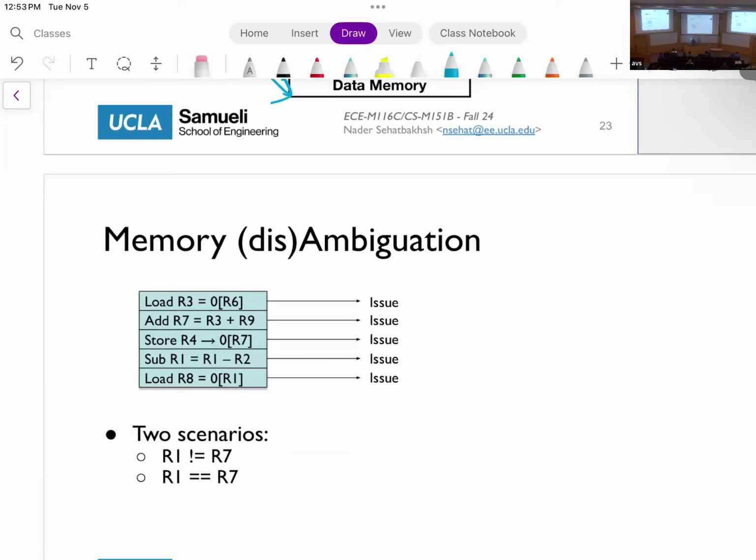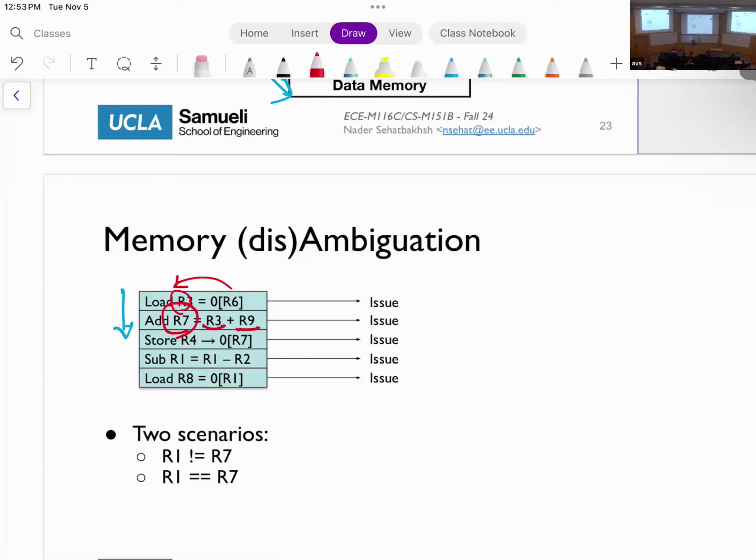So here's the problem. Take a look at this example here. I'm not using RISC-V ISA notation, I'm just using some random notation. So I have a read from R6. Whatever address R6 is pointing to, I'm going to read the value of that and put it into R3. Then I'm going to add R3 with some other register and store it in R7.